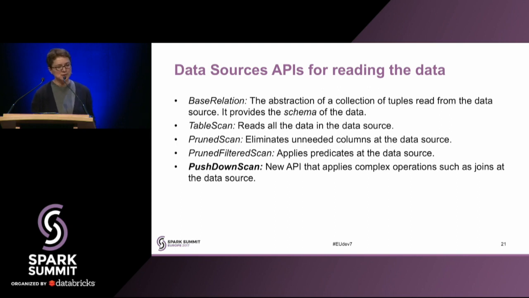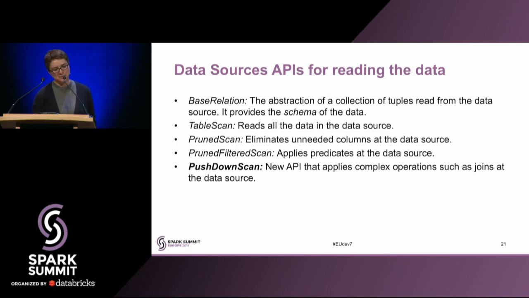You need to define a new type of base relation, which is an abstraction of a collection of tuples read from the data source. It provides the schema of the data. Then you need to specify how to get the data. For that, there are several traits. One trait, the simplest one, is table scan, which reads all the data from the data source. Spark will process the remaining operations.